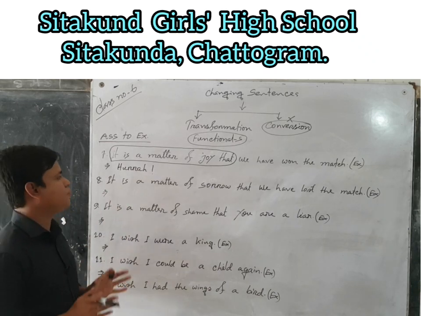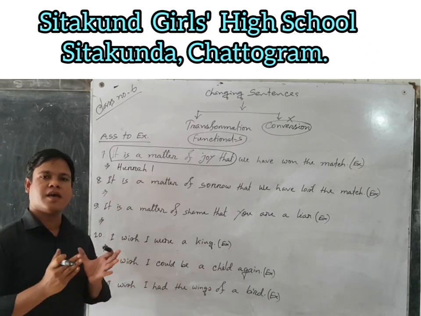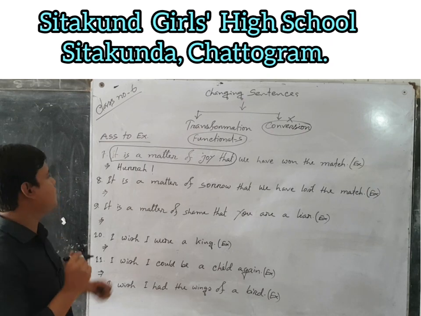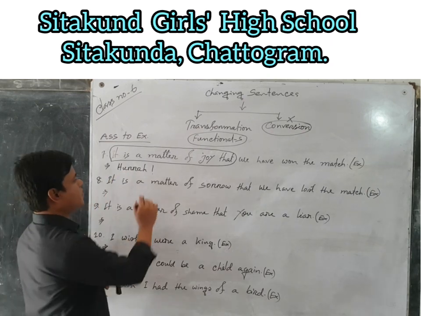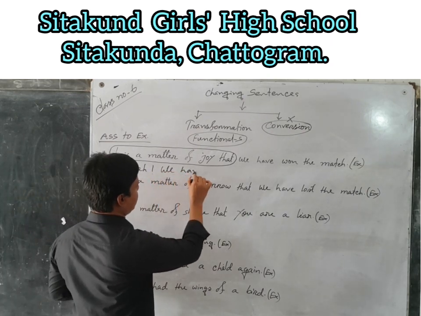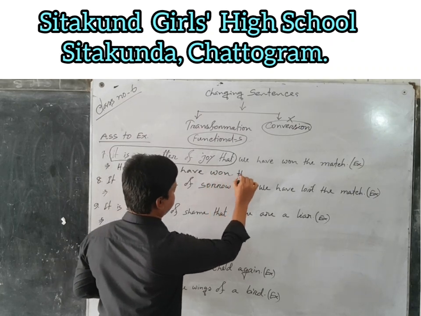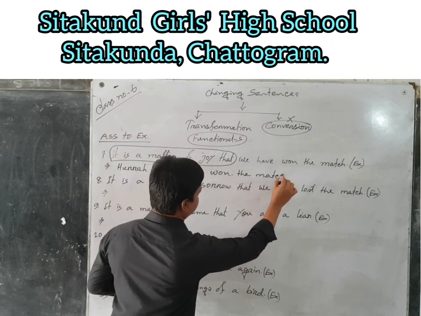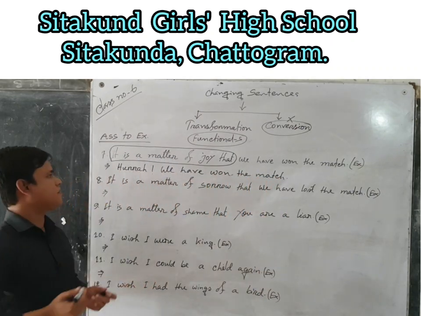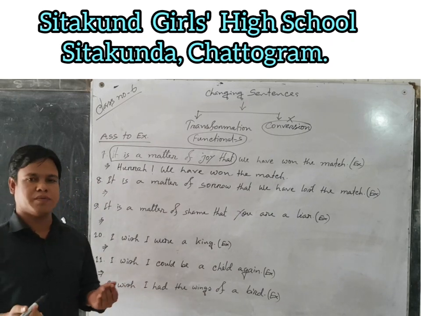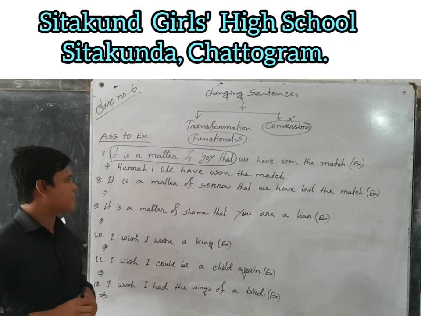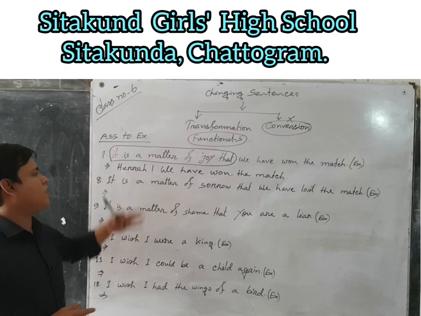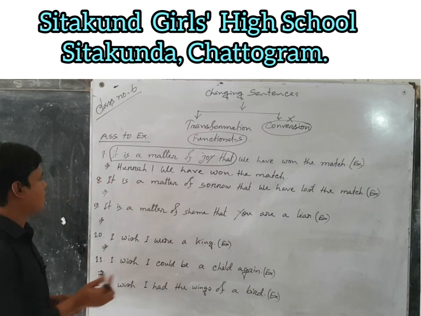It's a matter of joy that expresses happiness, so we have to use hurrah. It's a matter of joy that we have won the match. Exclamatory will be: Hurrah, we have won the match.